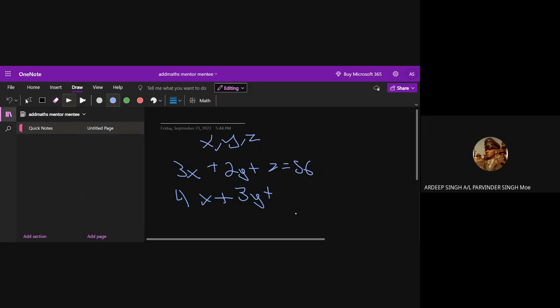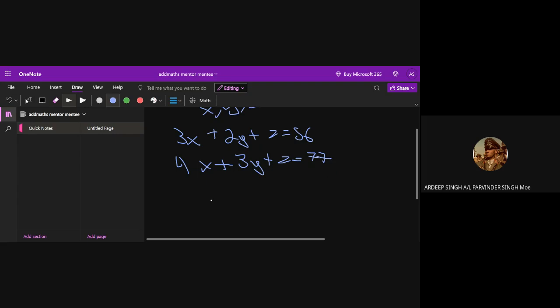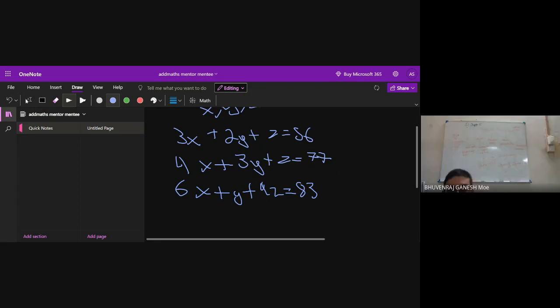And then a box of candy, so z, equals 77. Then the next one, Firdaus bought 6 packets of cooking chocolate, a pack of dates, and 4 boxes of candy. So 6x plus y plus 4z, you get 83. Okay, you can see my screen, right? Yeah.